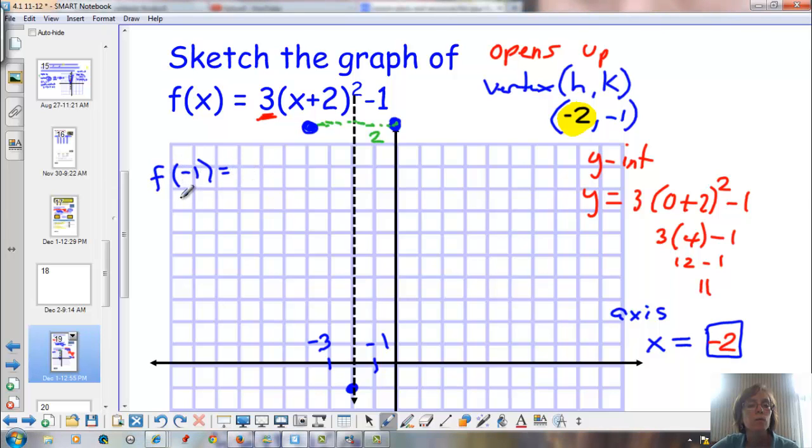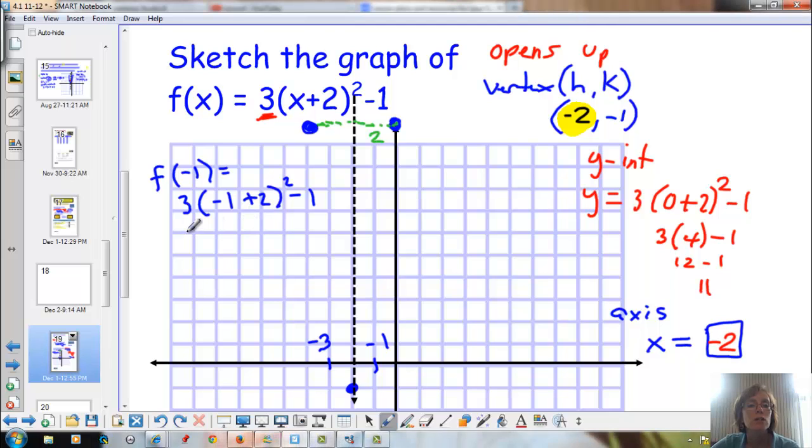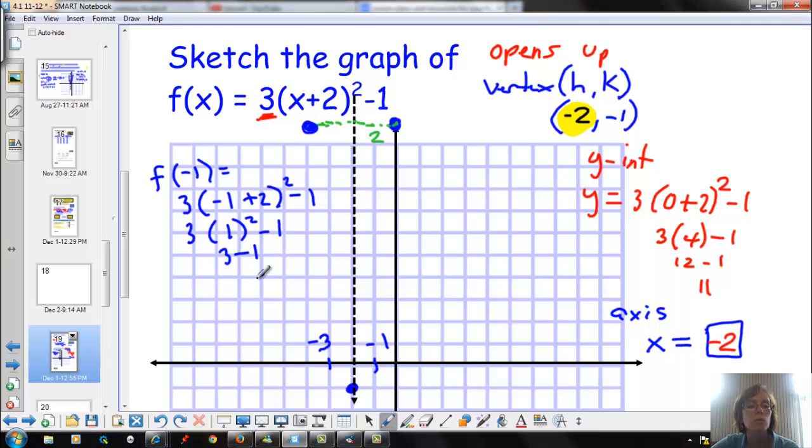F of negative 1 would be 3 times negative 1 plus 2 squared minus 1, and then that would be 3 times 1 squared minus 1. 1 squared is 1 times 3. I get 3 minus 1 is 2. And so I can plot that. Negative 1, 2 is going to be right here. And I think I'm going to predict that negative 3 is going to also go to 2, but we can check that.